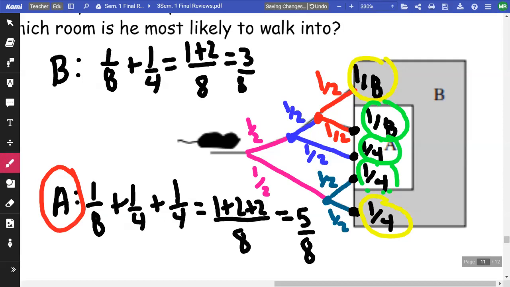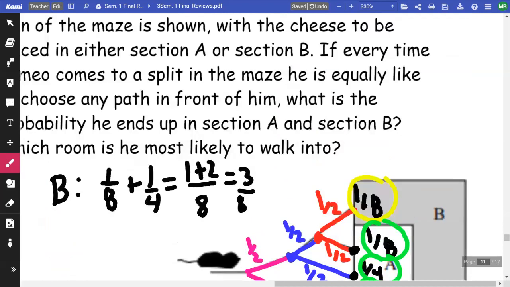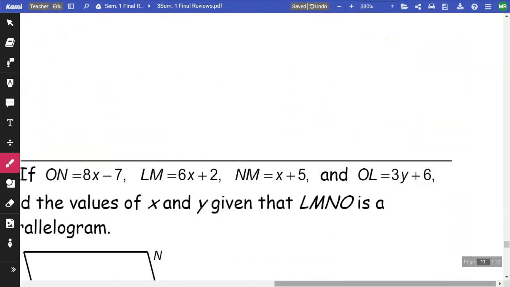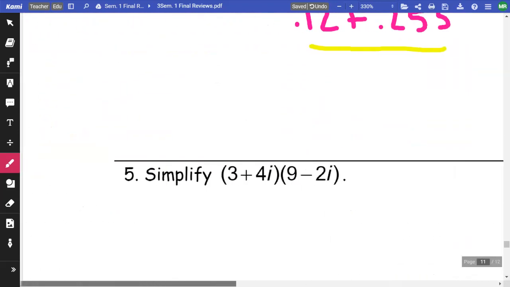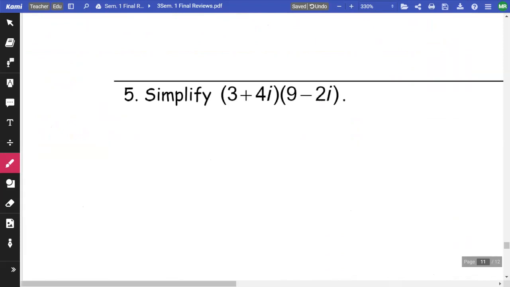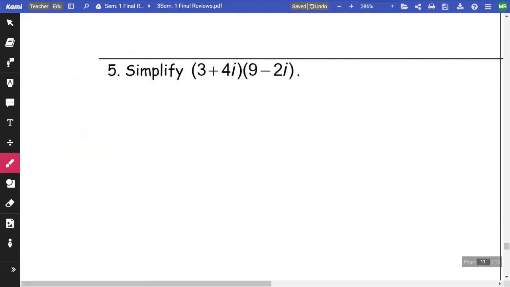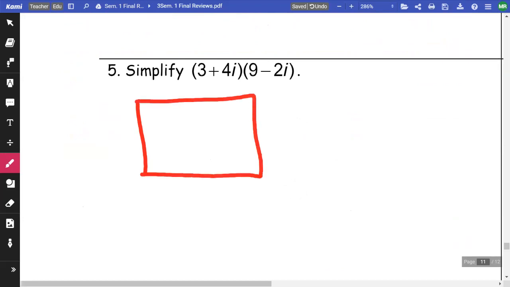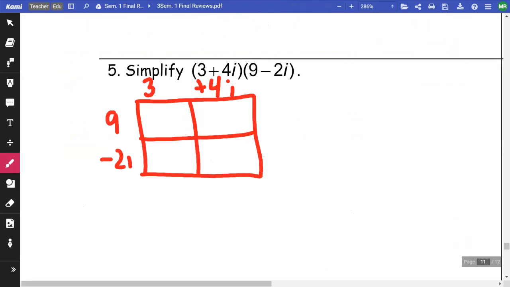Okay, on number 5, I'm multiplying imaginary numbers. So when I multiply imaginary numbers together, I can do an area model. 3 plus 4i, 9 minus 2i.